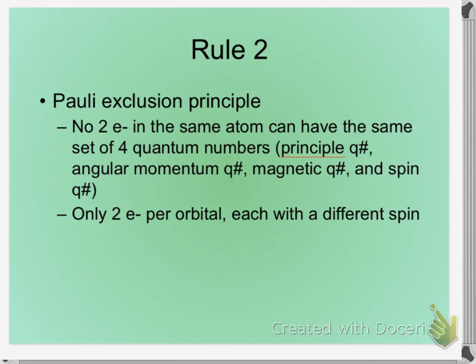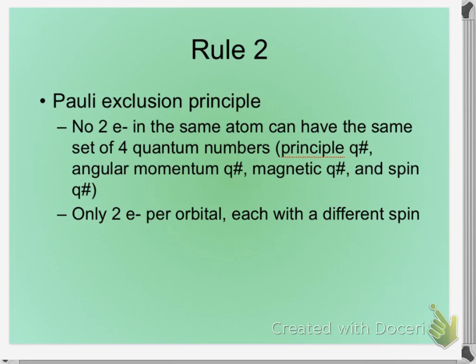What the Pauli exclusion principle says is that no two electrons in the same atom can have the same address. We said that there are those sets of quantum numbers. There are four: principal, angular, magnetic, and spin. Each one of those gives a piece of the address. If we go back to the dorm room metaphor, it's kind of like saying there's the building, there's the floor, there's the room number.